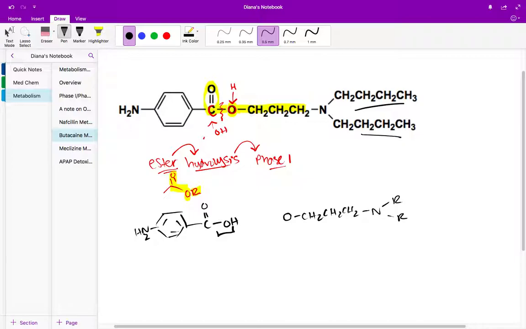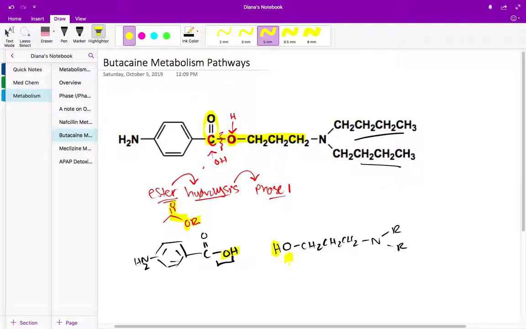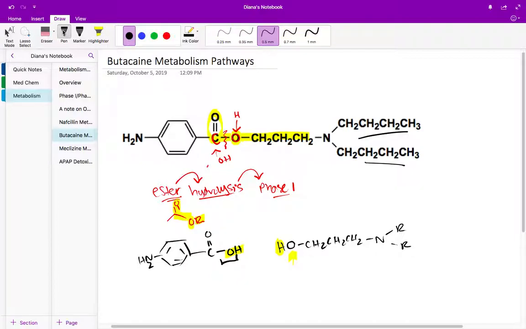But what gets added on here is a hydrogen. Okay, so what's new is that this carbonyl got an OH, and this oxygen over here got a hydrogen. So this is ester hydrolysis, like the whole molecule cleaved right down that bond for ester hydrolysis. Okay, so just when you see an ester, think hydrolysis, think phase 1. That's really common phase 1 metabolism reaction that you'll encounter on a lot of these molecules.